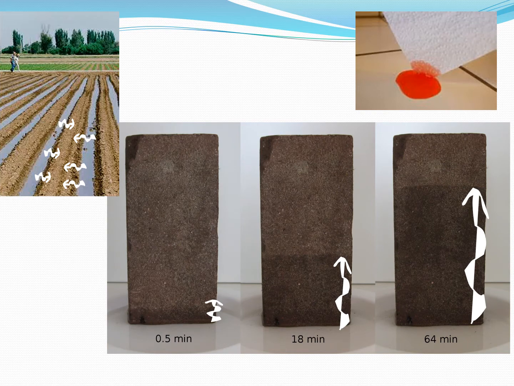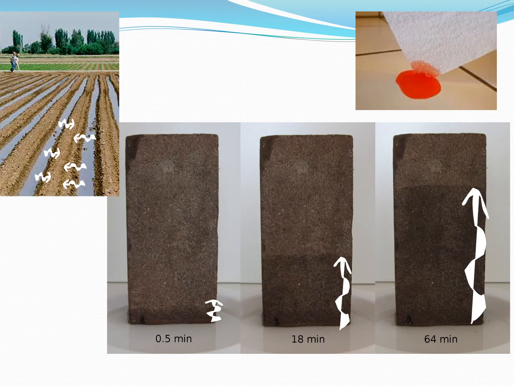Sucking up liquid in the upper right hand corner of this slide, you can see the three blocks in the middle right side of the PowerPoint slide. And you can see that it takes some time for smaller pores to move water.